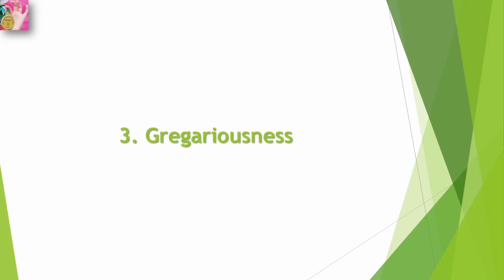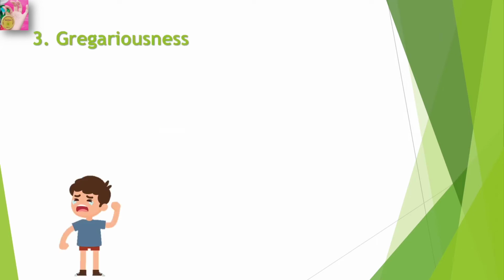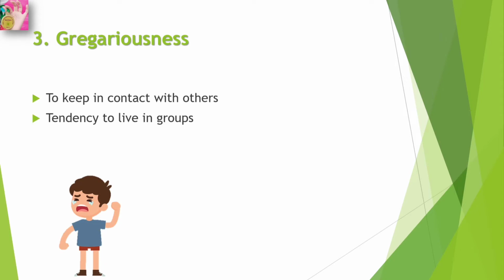The next social motive is gregariousness. This is the tendency to associate with others of one's kind. It refers to keeping in contact with others. It is the tendency to live in groups among human beings, that is acquired and appears almost universally. Since the human infant depends on others for a long period, satisfaction of both psychological and social motives comes to be related to the presence of other human beings.